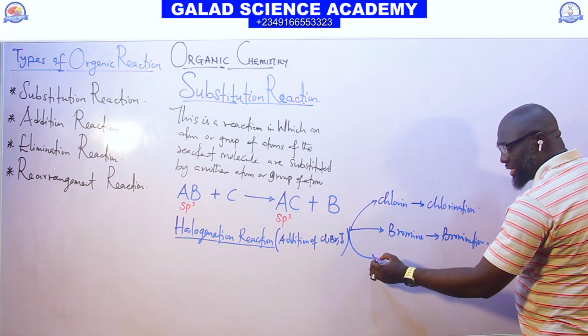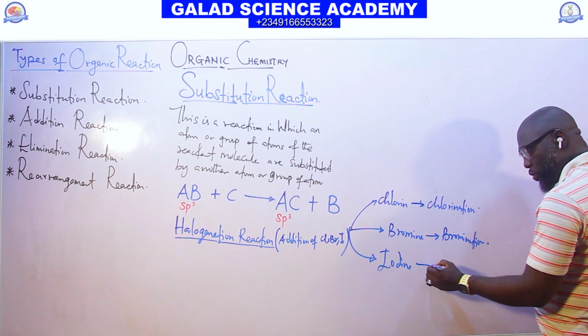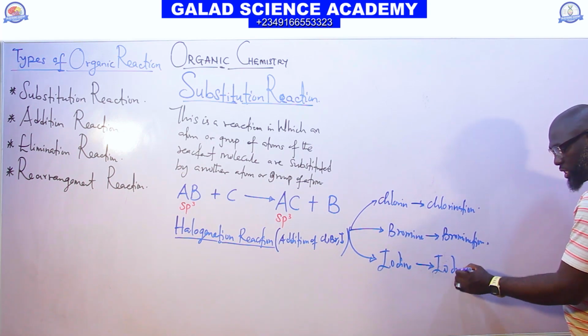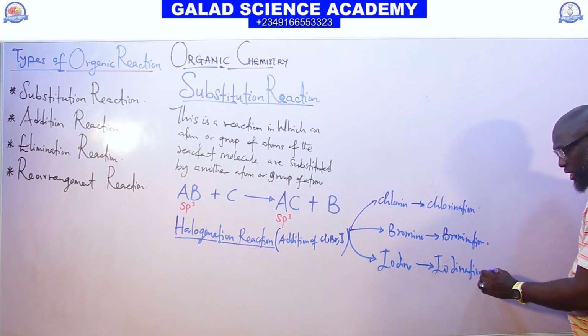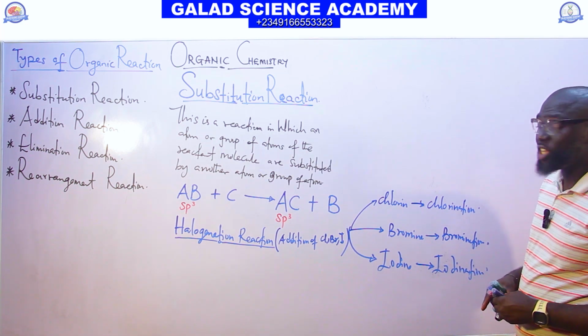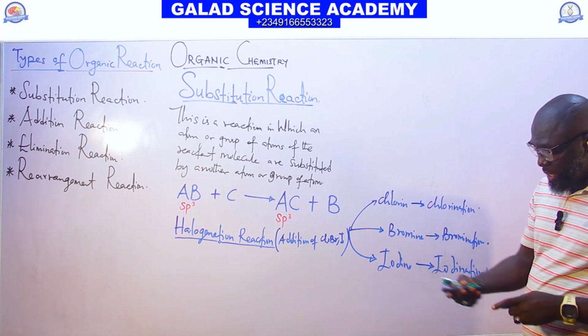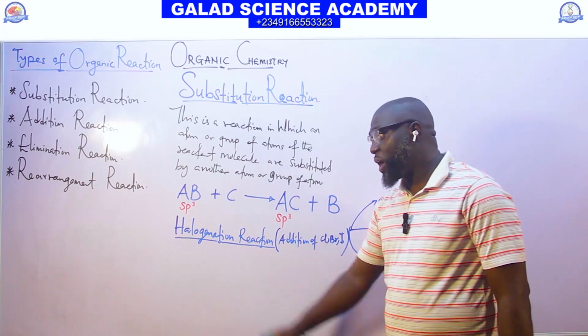If the halogen added is iodine, we call it iodination reaction. The fluorine, we call it fluorination reaction, and it's not included here because it's highly reactive.